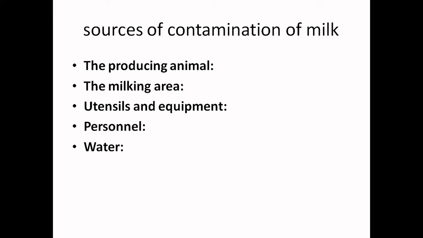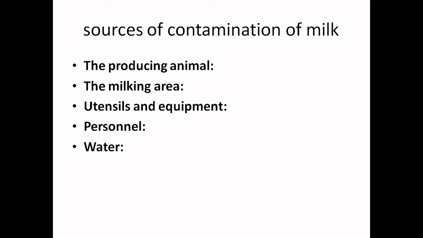Then we have water as a major source of contamination, and the surroundings of the organism. Then insects and reptiles are sources of contamination. So we'll discuss the first, that is the producing animal.